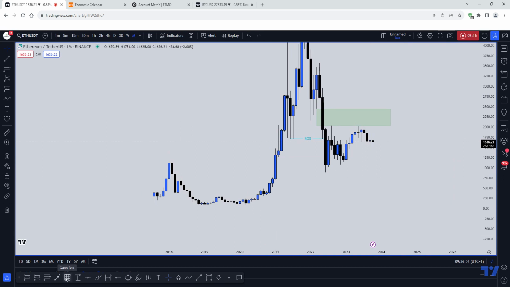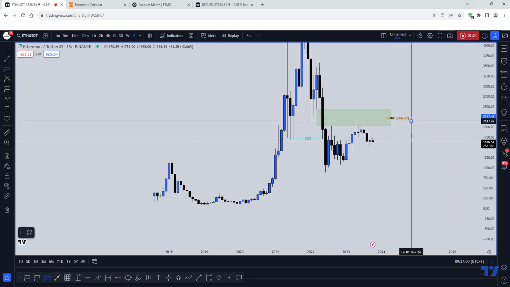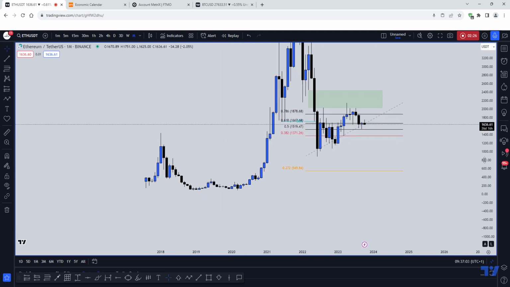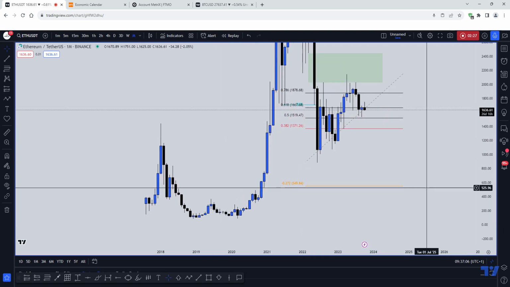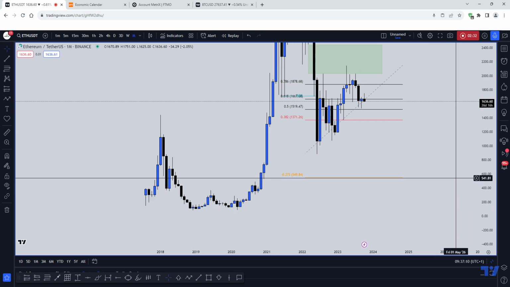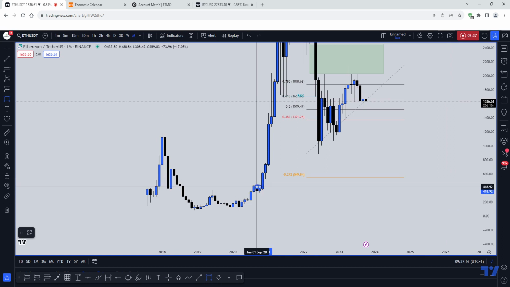So we have a valid impulse correction continuation pattern here from a monthly perspective. If we want to gauge a downside target according to the Fibonacci, we take our fib from the high to the low of the corrective move, and our downside target for a potential new swing low, sorry to be the bearer of bad news for you Ethereum lovers, could be all the way down at around 600, okay? Which is obviously a significant decrease in price.